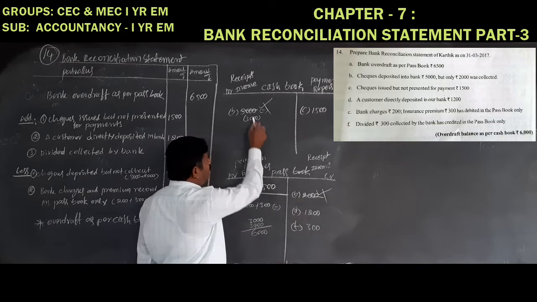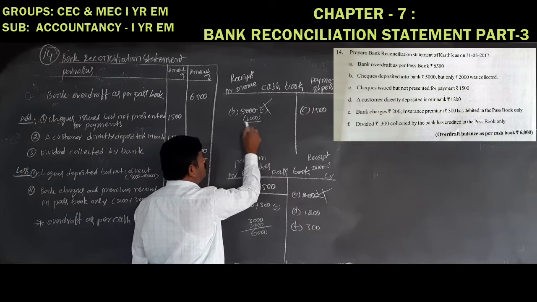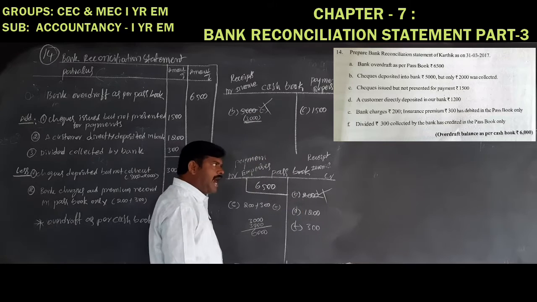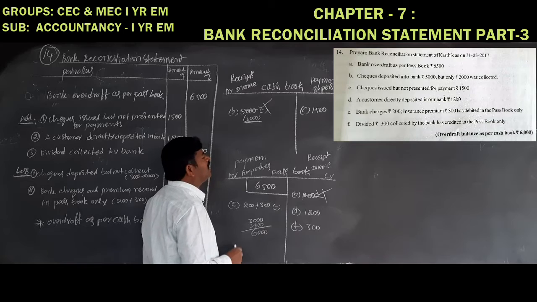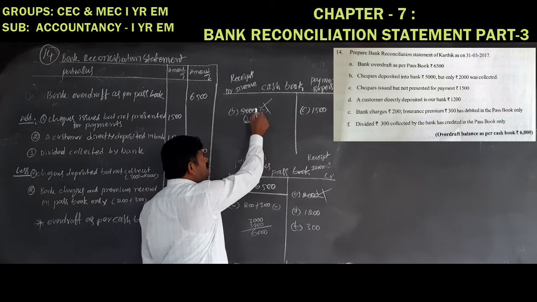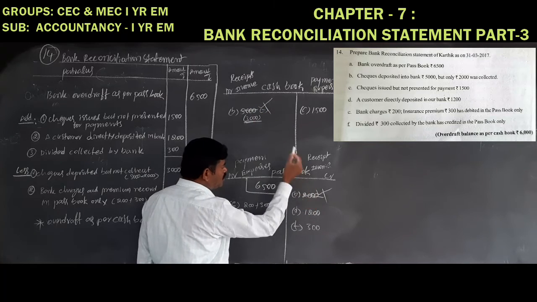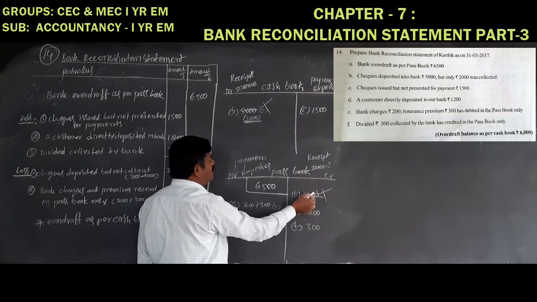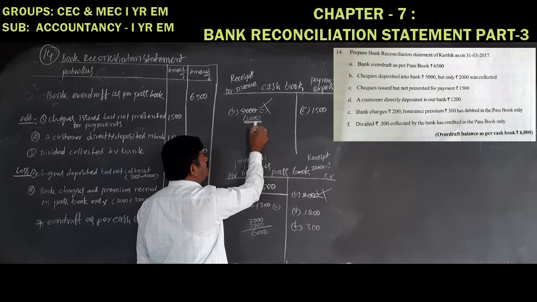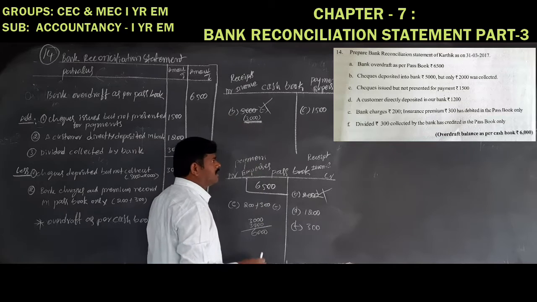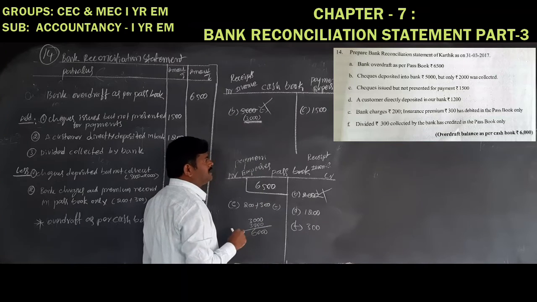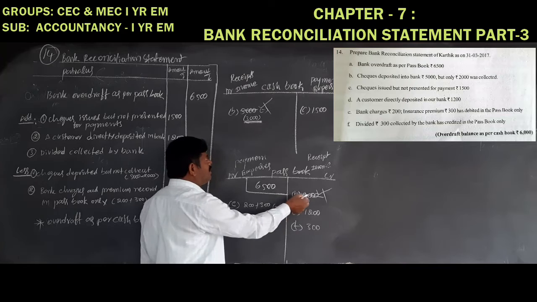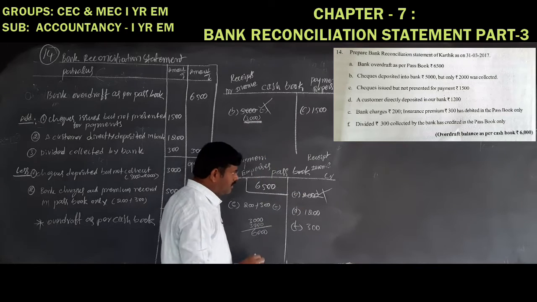What is the difference between 5,000 and 2,000? 3,000 rupees, the uncollected amount, must be either added or less as per the condition. Remember this.